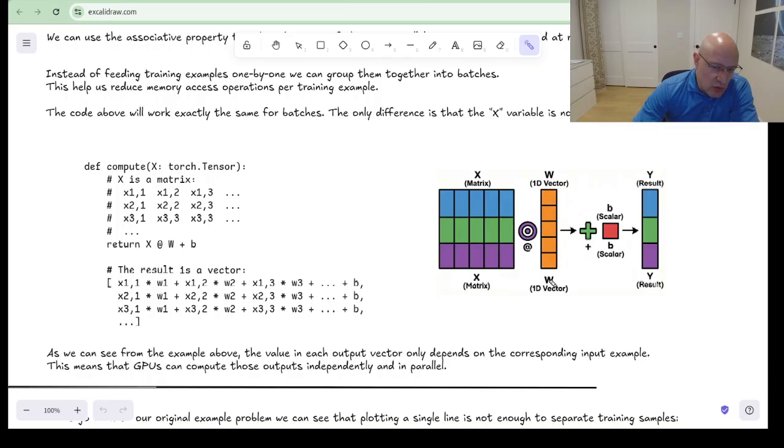Each of them gets separately multiplied, the dot product multiplication, with our weight matrix, which gives us a separate result for each of the input samples. From that, we can compute one loss, which is a sum of all the losses.